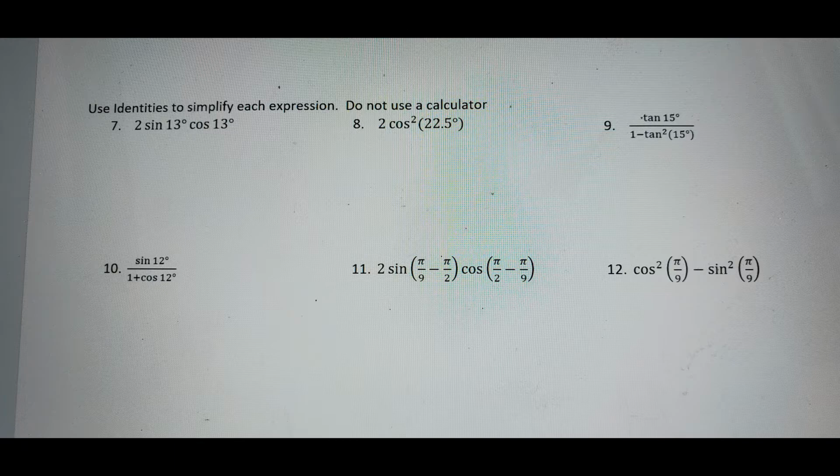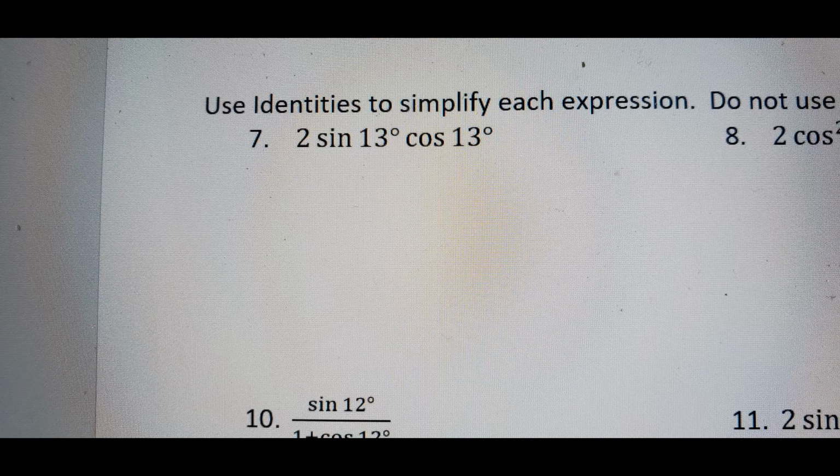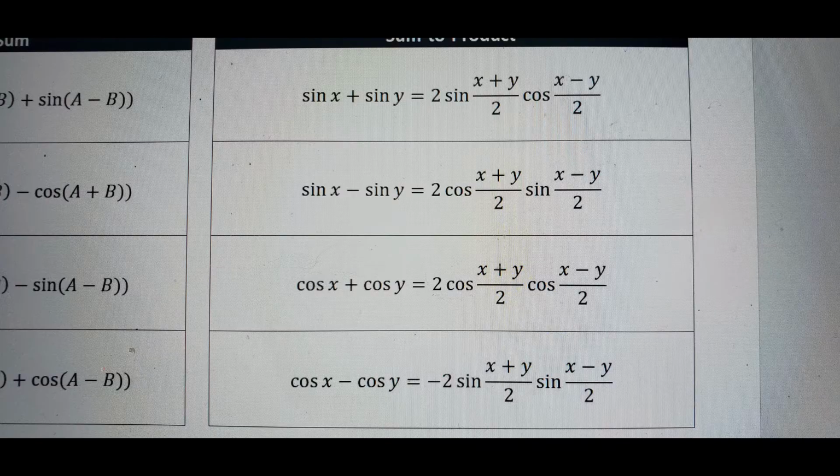So looking at this, let's look at number 7 from Worksheet D real quick. It says 2 sine of 13 cosine of 13. So what we do is we look at our sheet, and you find that in the sum to product identities, over there on the right side we have all those 2's in front, and that kind of matches what we have.